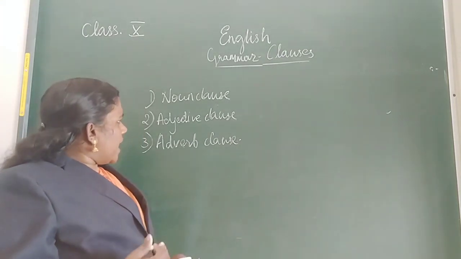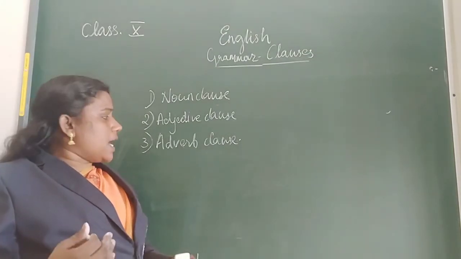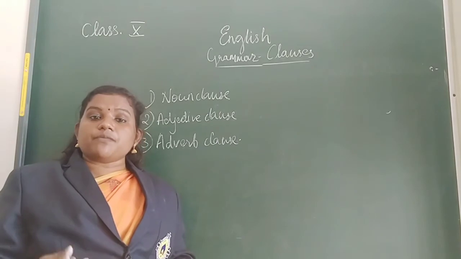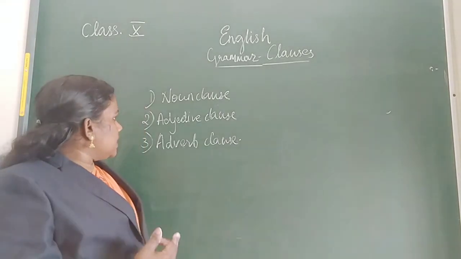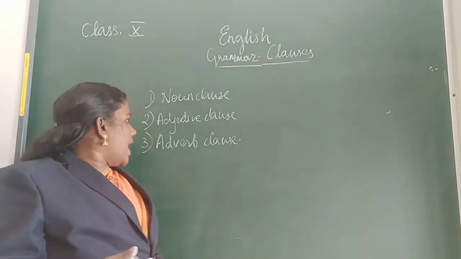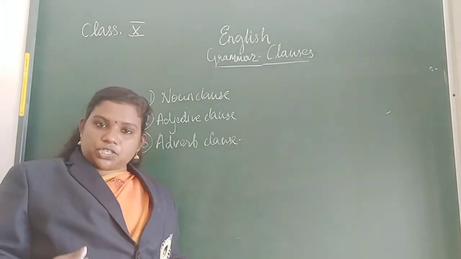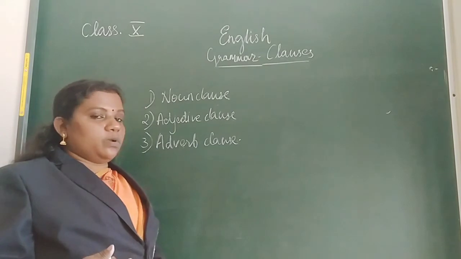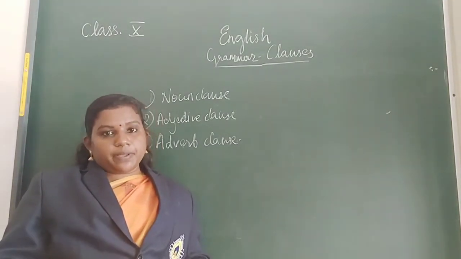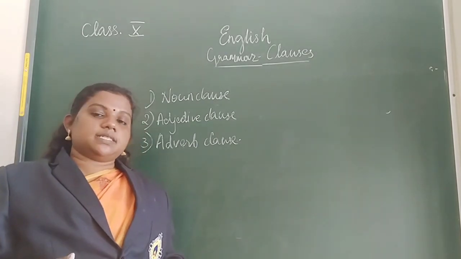So noun clause, adjective clause and adverb clause are doing the same function of the noun, adjective and adverb respectively. It will be little more clear when I am writing these examples.